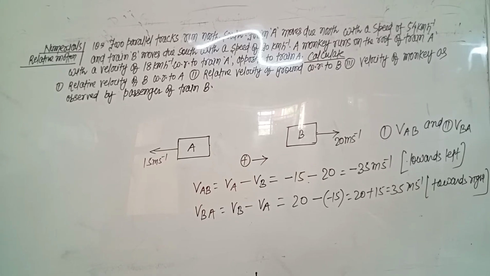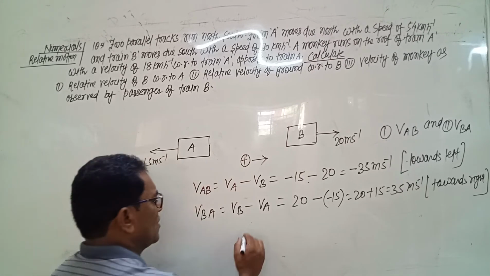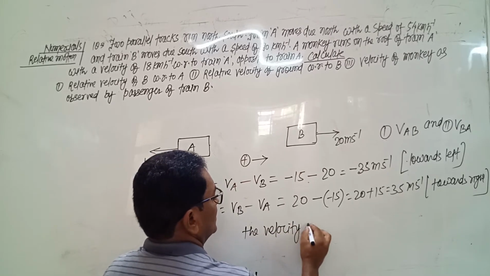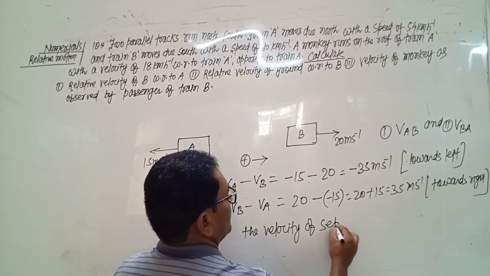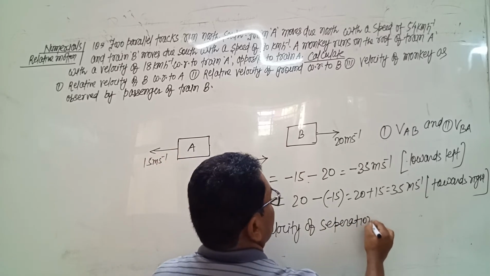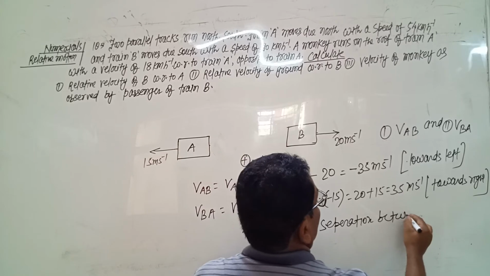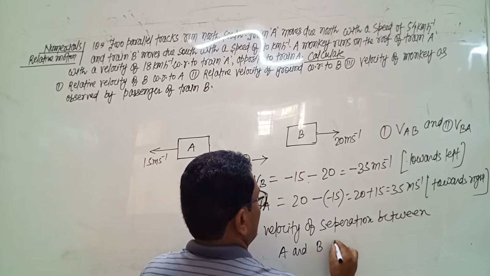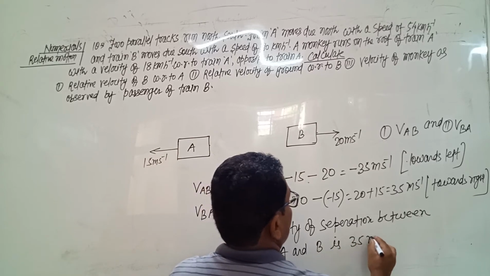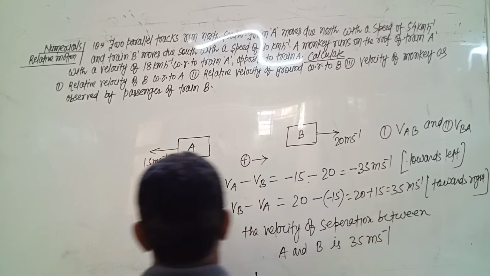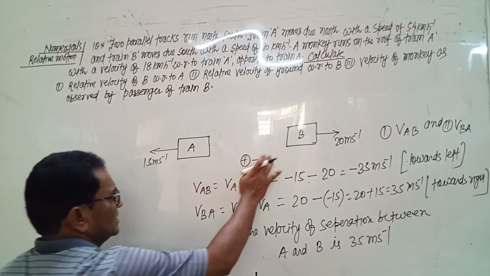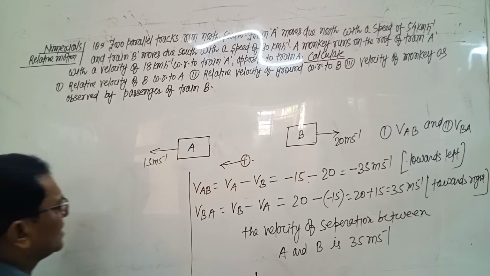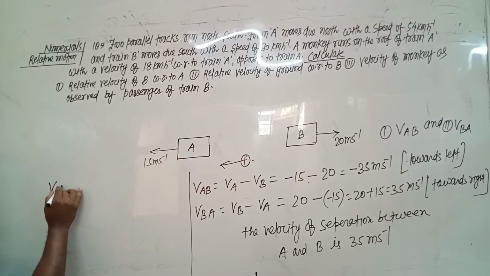So we can say that the velocity of separation between A and B is 35 meter per second.